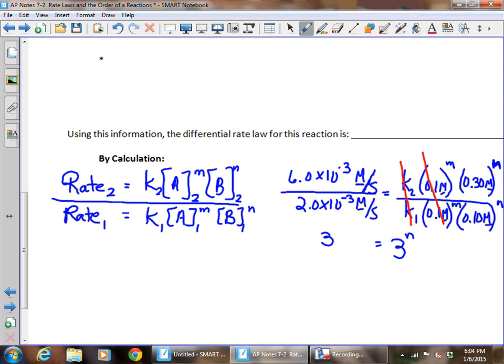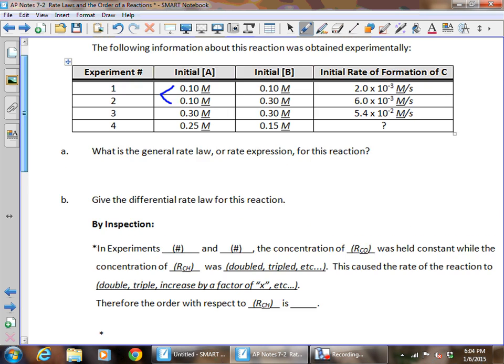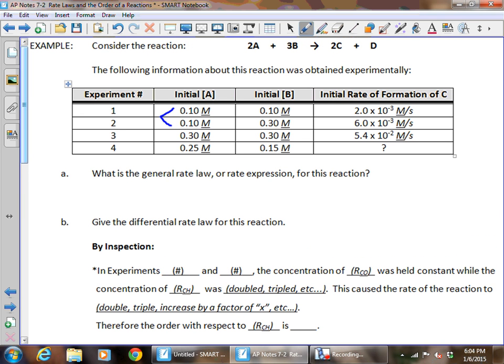You can combine it like that. What does that tell us? That tells us that n is equal to 1. Just like we did by inspection, we now know that n is equal to 1.